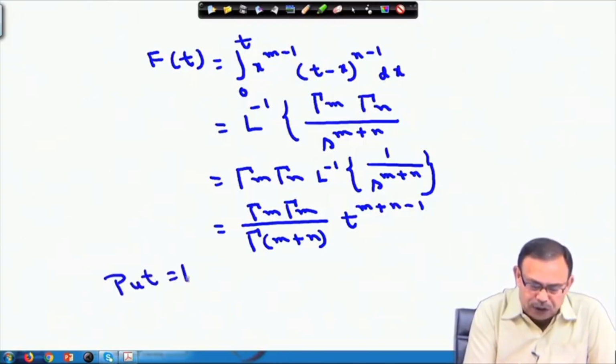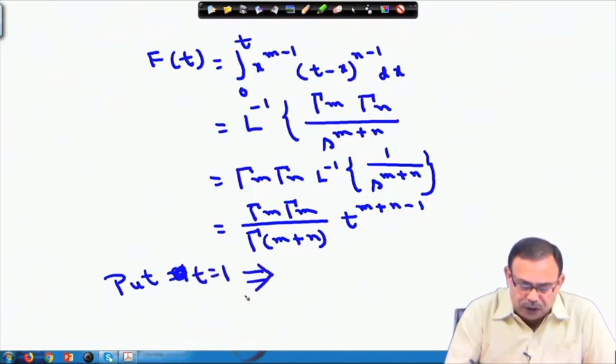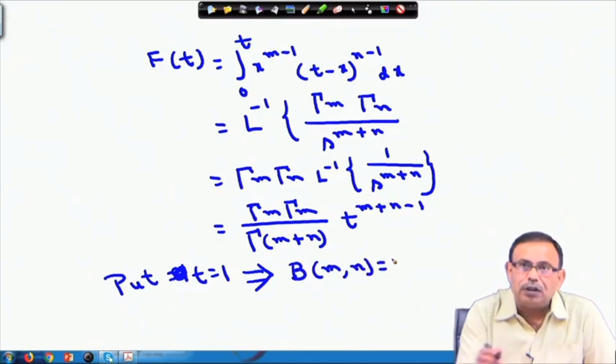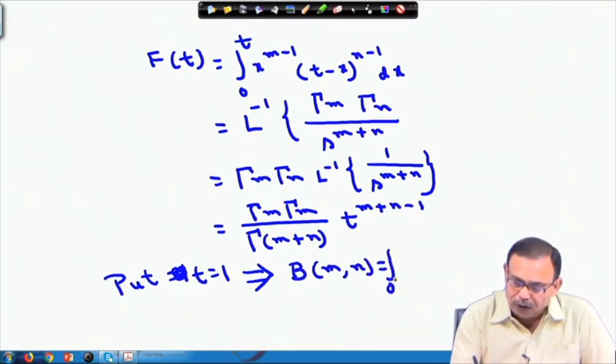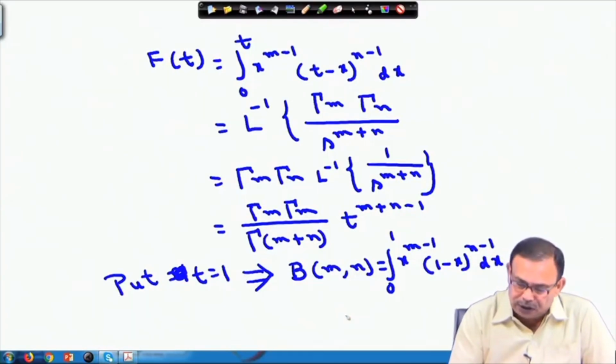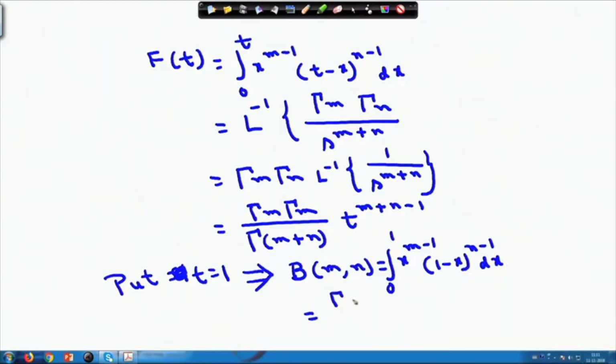Once I am putting t equals 1, then I will obtain beta m n on this equation, that is integral from 0 to 1 of x to the power m minus 1 into (1 minus x), t we are replacing by 1, to the power n minus 1 into dx, and this is equal to, this t is 1, so it will be simply gamma m into gamma n by gamma m plus n.